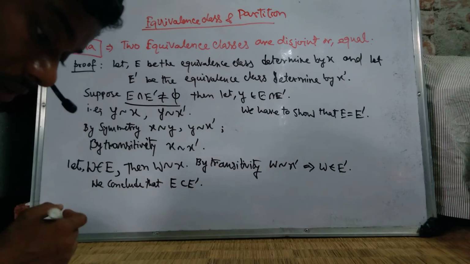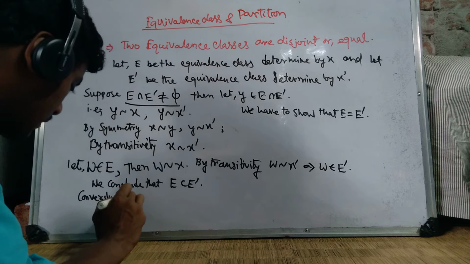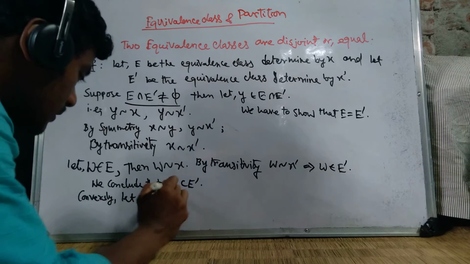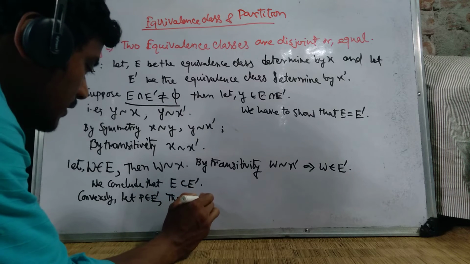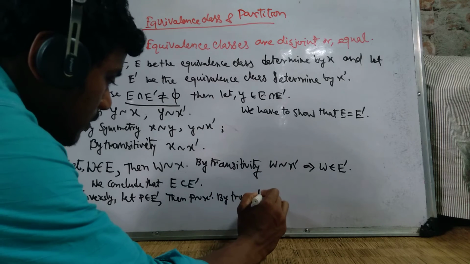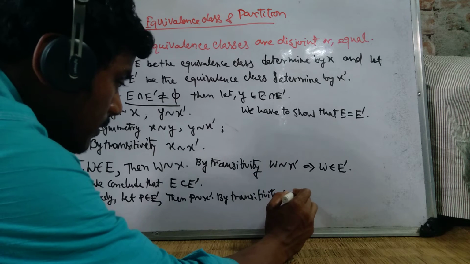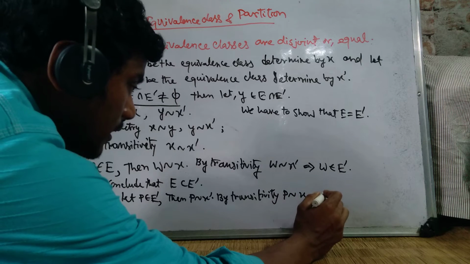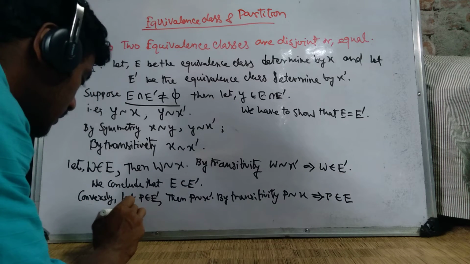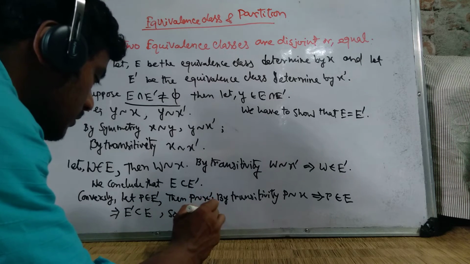And conversely, in the same way, if we let P belong to E dash, then P is related to X dash, and by transitivity P is related to X. This implies that P belongs to E. This implies that E dash is a subset of E. So E equals E dash.